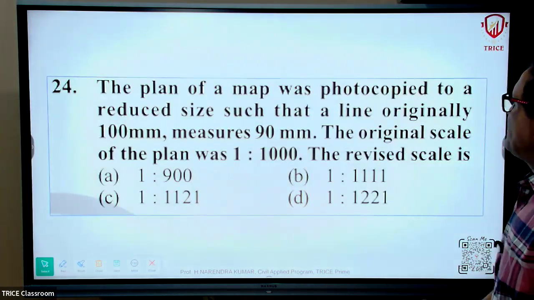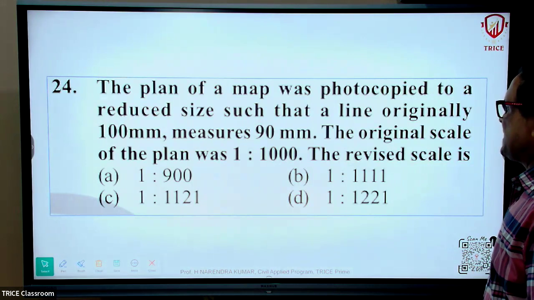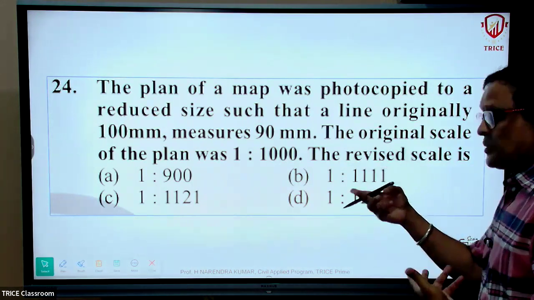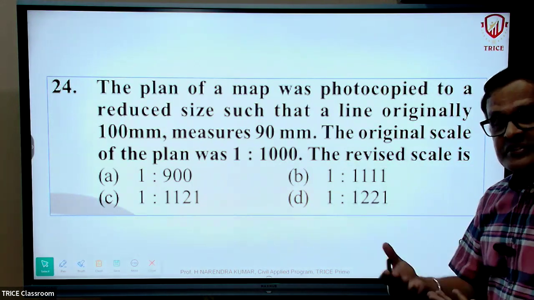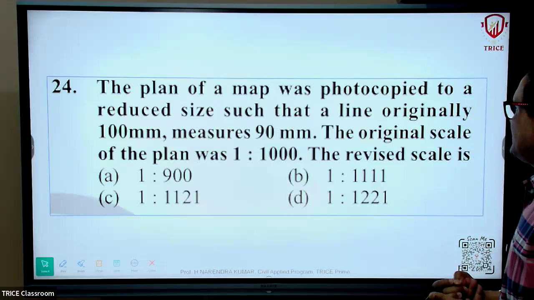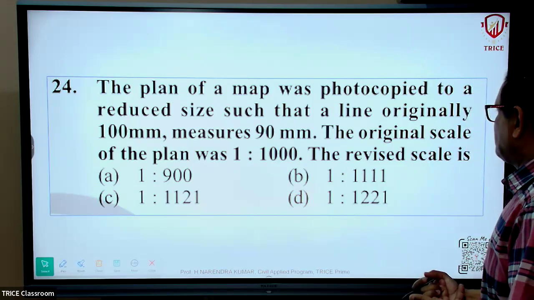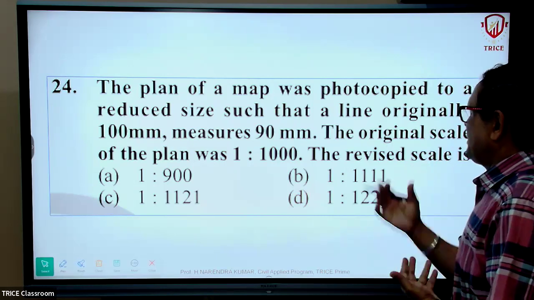Next question. The plan of a map was photocopied to a reduced size. Photocopied is nothing but Xerox. You know that reducing Xerox is also there. When you go for reducing Xerox, some changes occur in the plan of the map, so we need to revise the scale. Let me read out.